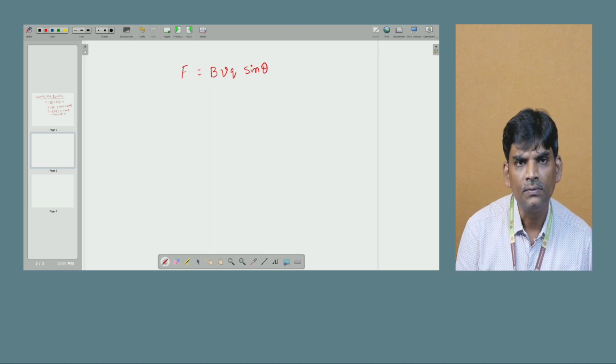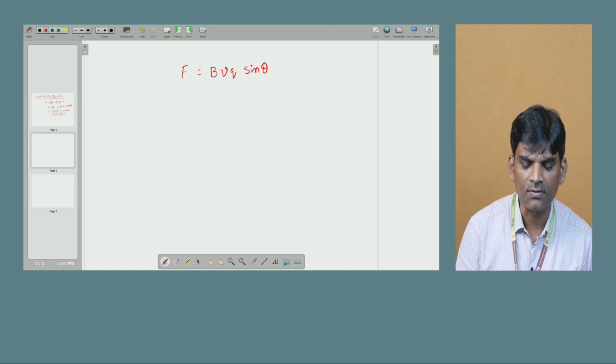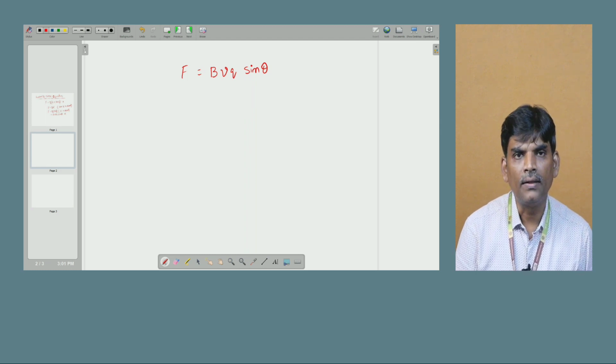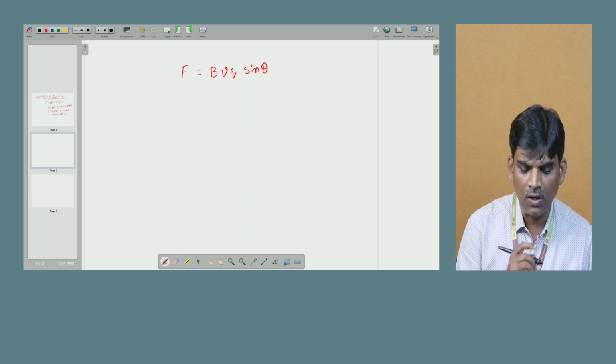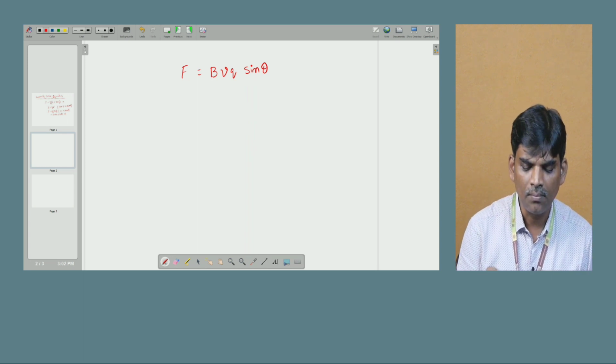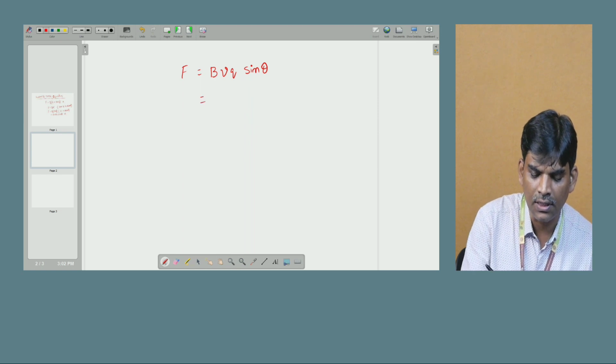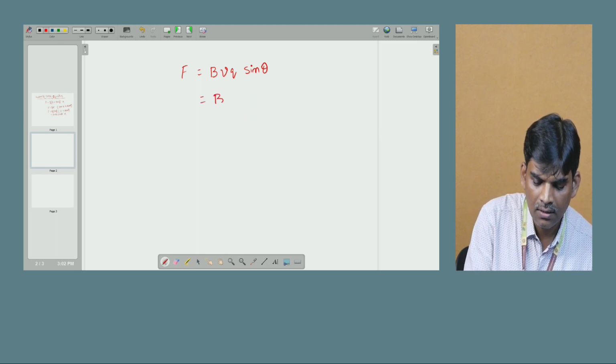From that, you can easily say that if you take a current carrying conductor with some length, placed in a magnetic field, it experiences a mechanical force. But how? You can simply remodify the equation.